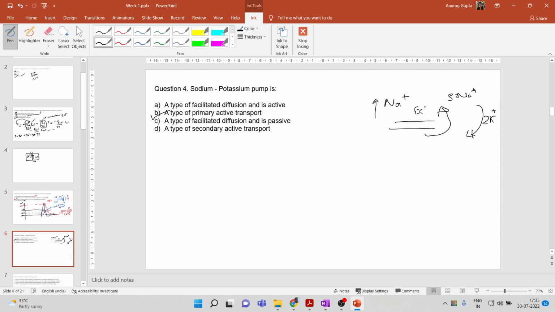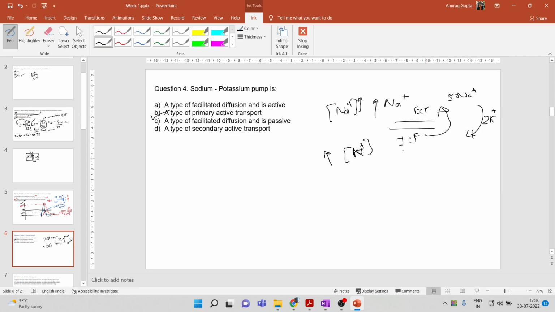Okay, so this is ECF, this is ICF, and because we know that Na plus concentration is high outside, this is going against the concentration gradient. Similarly, K plus concentration is high inside, so the movement of K plus ions is against the concentration gradient. So energy is required to do this.